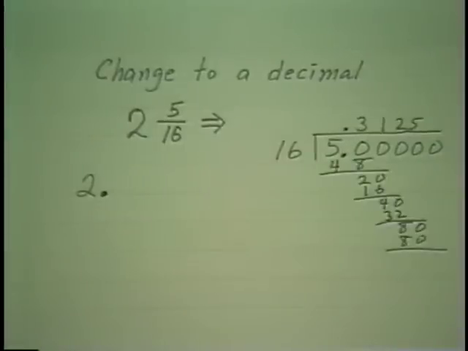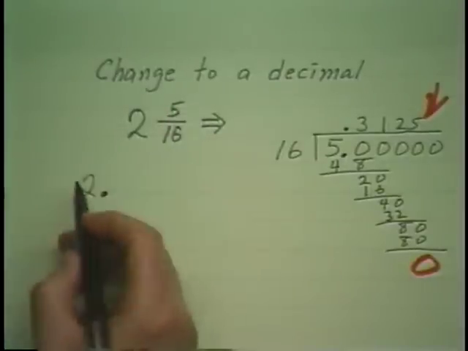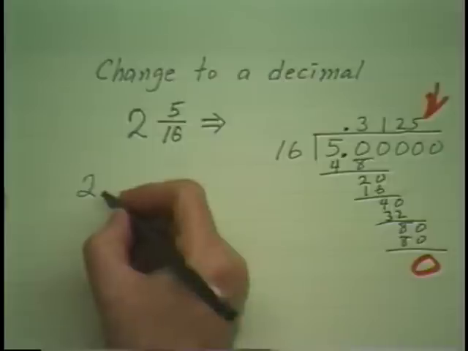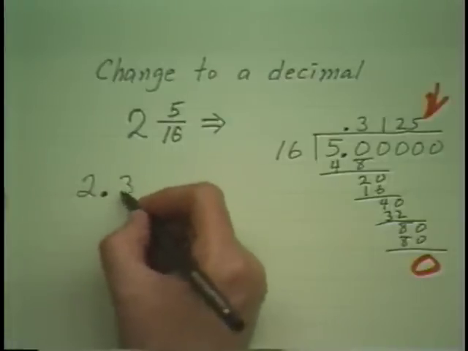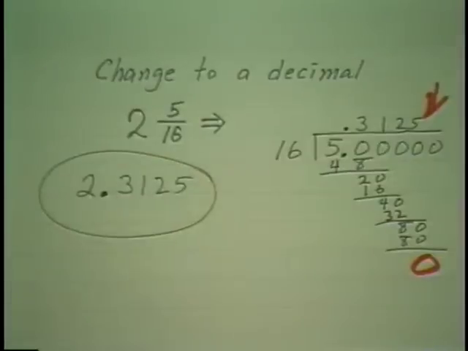And in this case, we get a terminating 0. So we can say 2 and 5/16 is 2.3125, in this case, exactly.